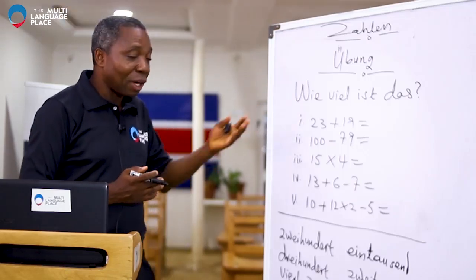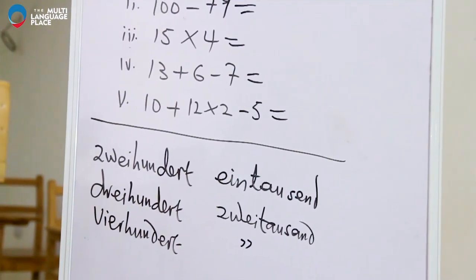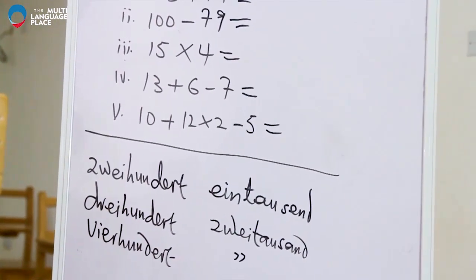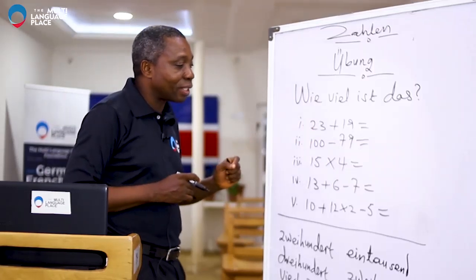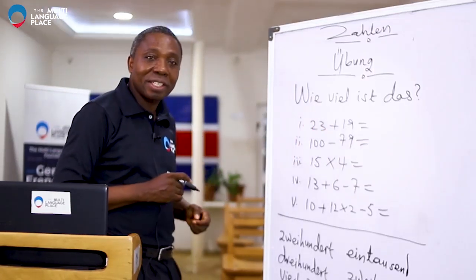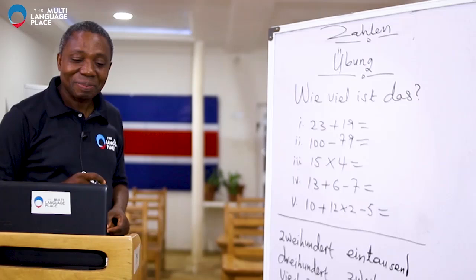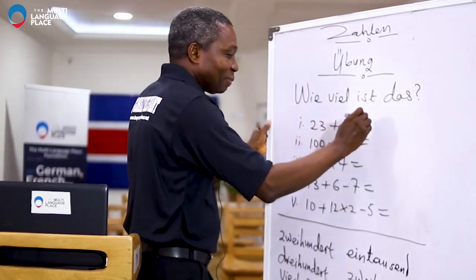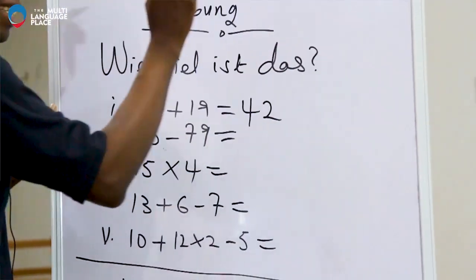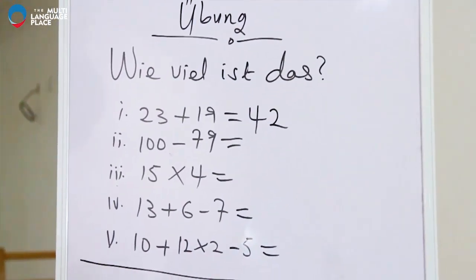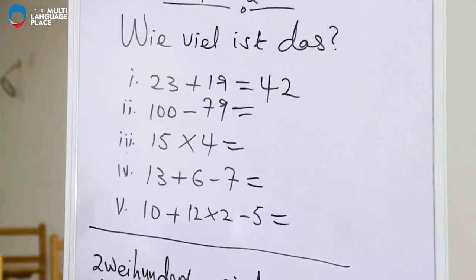Okay, so we're going to do the correction from the first one. If you look at the first one, 23 plus 19. What did you write? Okay. 42. 42.